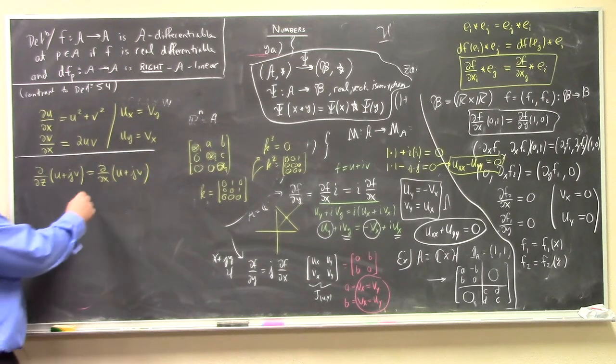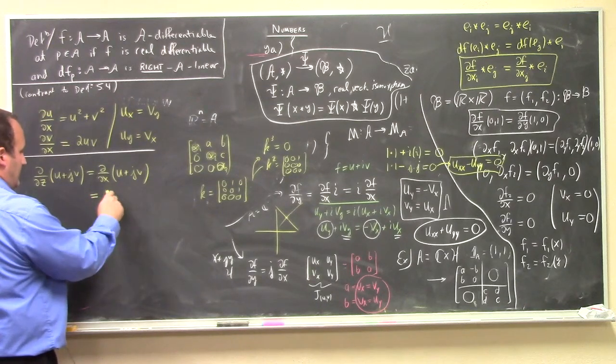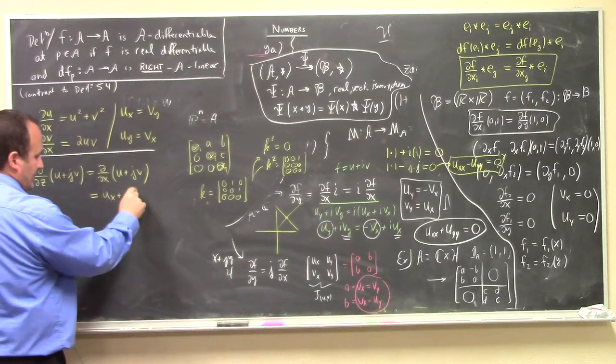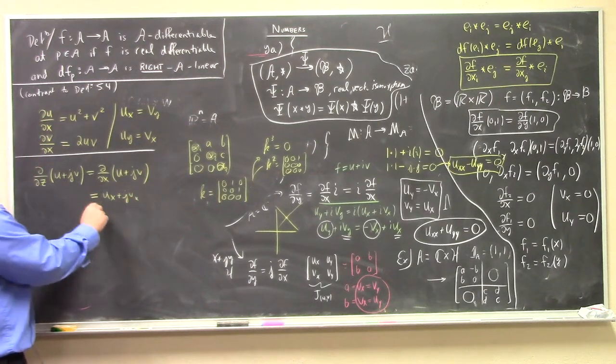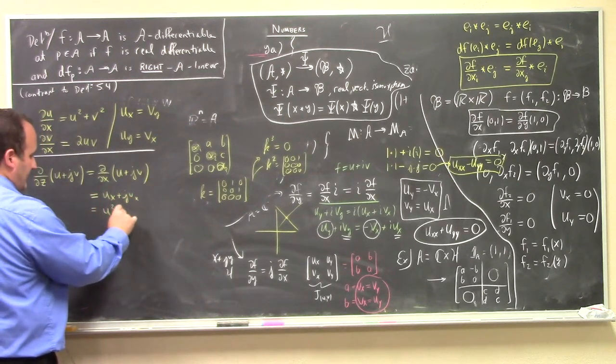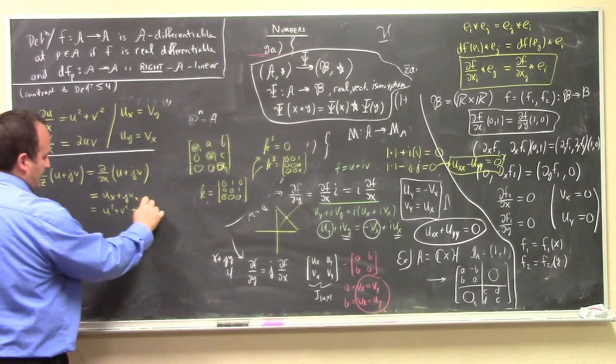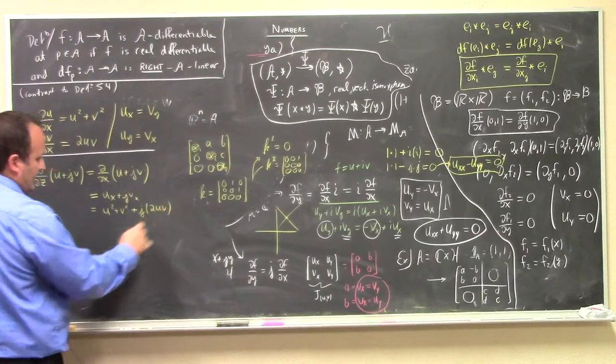So that's u_x plus j v_x, right? And u_x was u squared plus v squared, and that was j times 2uv, right?